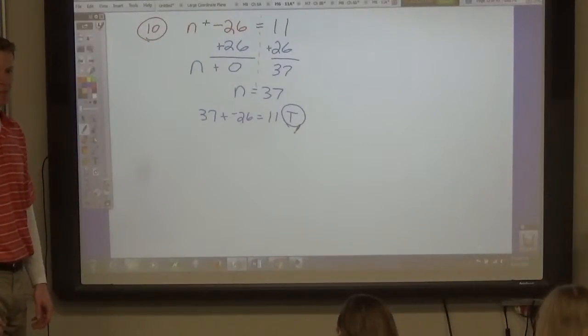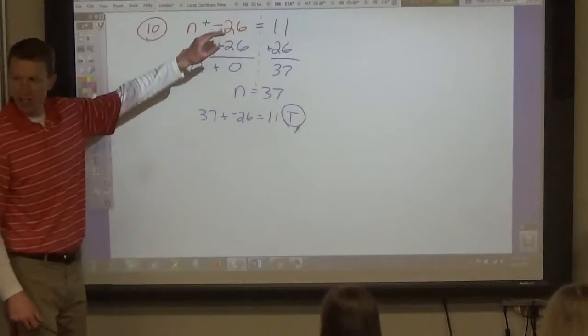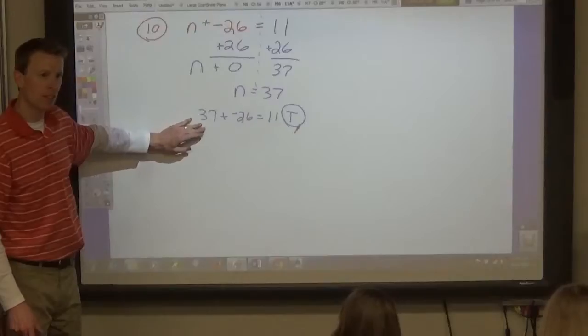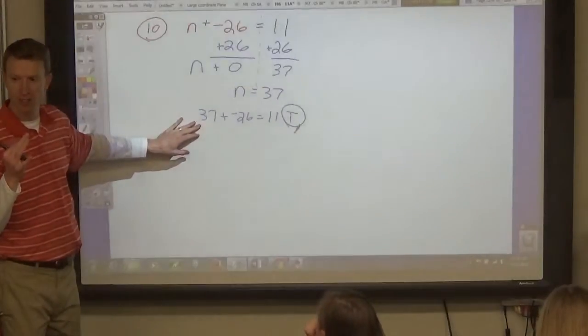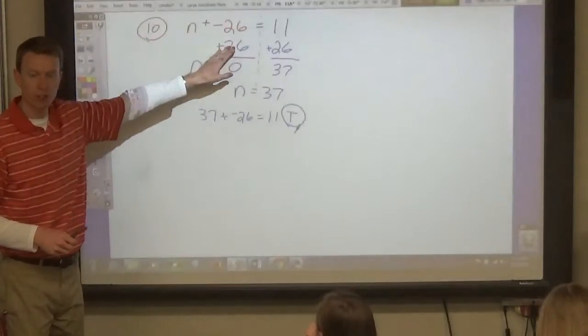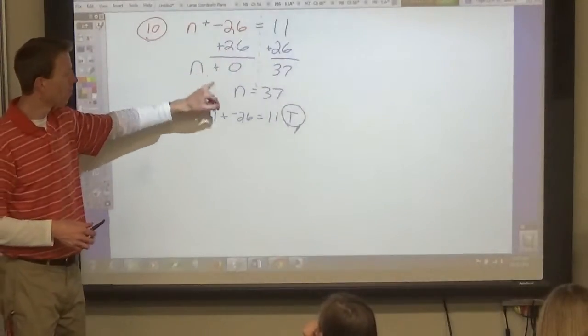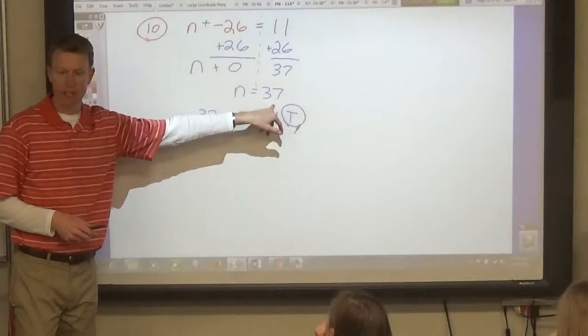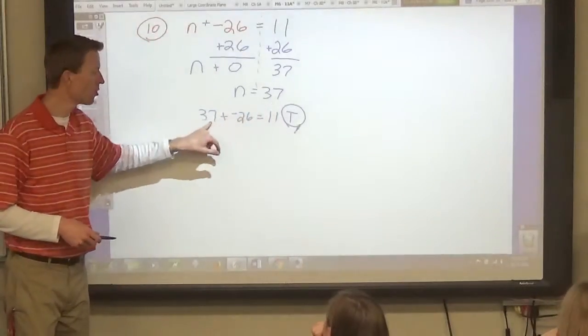Okay? Now, when you take your quiz on Friday, you're going to do all of this and get 3 points. 1 for solving. Solving is proving the solution. 1 for finding the solution, so getting the correct solution, and then 1 for checking the solution.